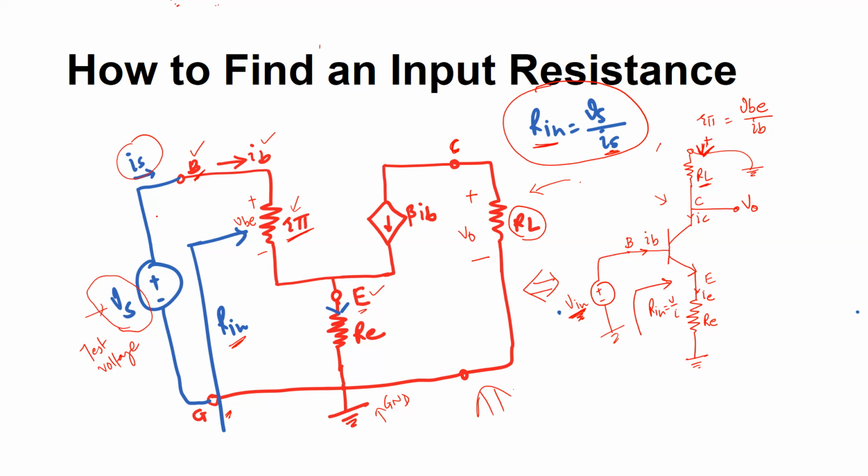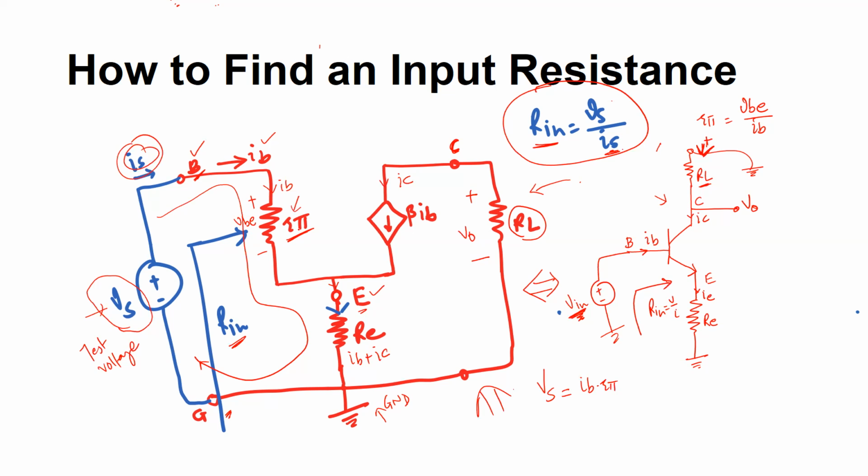So we can apply Kirchhoff's voltage law into this loop to obtain Vs over Is. As I said, the current here is your IB, which is basically your Is, and this current is your IC, and here the current that is coming is IB plus IC. And we will write that equation. Applying KVL, Vs is equal to IB times R pi.